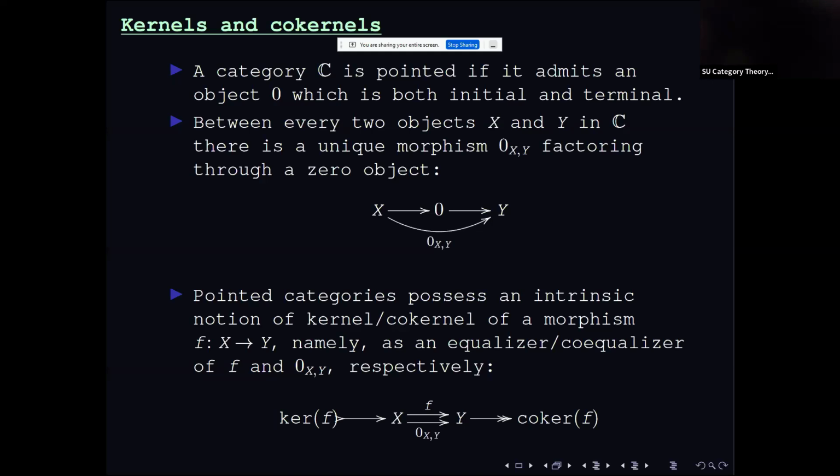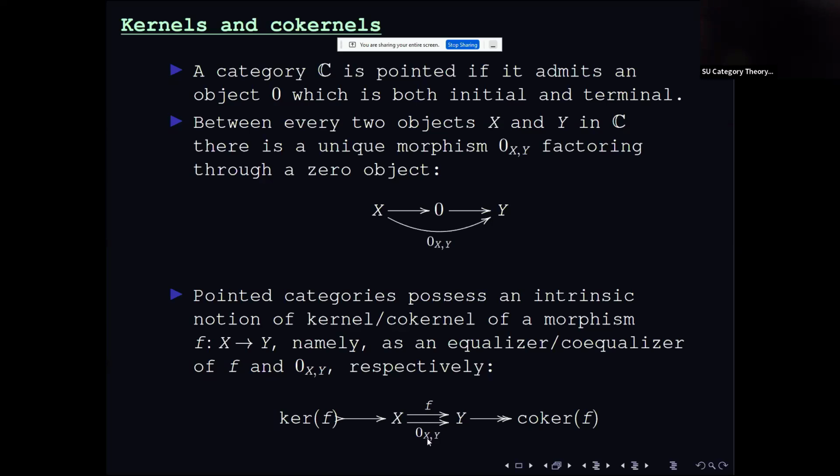What is the corresponding categorical notion for normal subgroup? Well, in a pointed category, we have this notion of kernel. And what is it? Well, the kernel of a morphism f is just an equalizer. It's part of an equalizer diagram where we have the zero morphism here from X to Y.